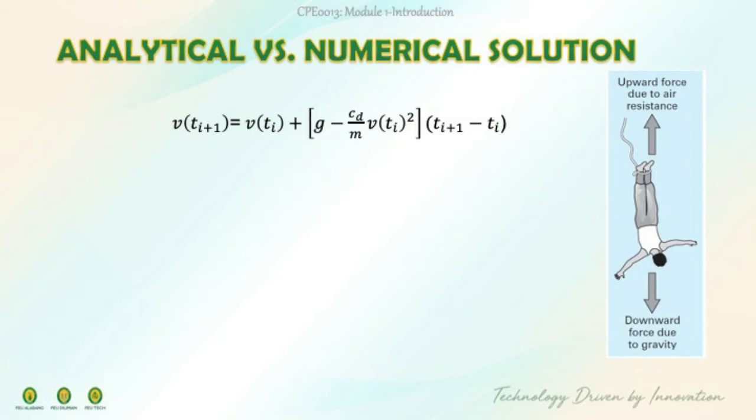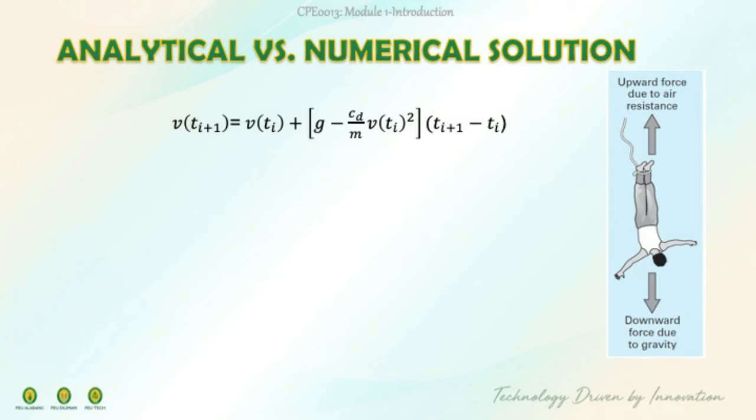Okay, let's proceed to the numerical solution to the bungee jumper problem. Perform the same computation as in the example before, but in this case use our equation, v(t_i+1) is equal to v(t_i) plus the original equation multiplied by the change in time.